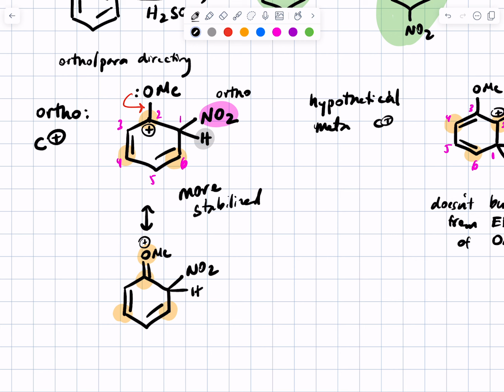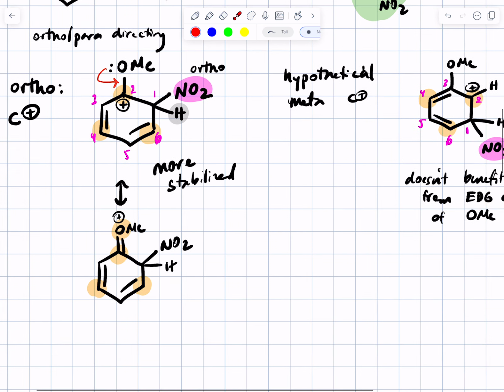We're not going to draw the para carbocation today, because we don't have time, but you could do it and probably should do it and convince yourself that when you put the nitro group at the para position relative to the methoxy group, you go through a carbocationic intermediate that likewise would have positive charge on the carbon adjacent to the oxygen. So that's why donating groups are ortho-para directors. Okay?